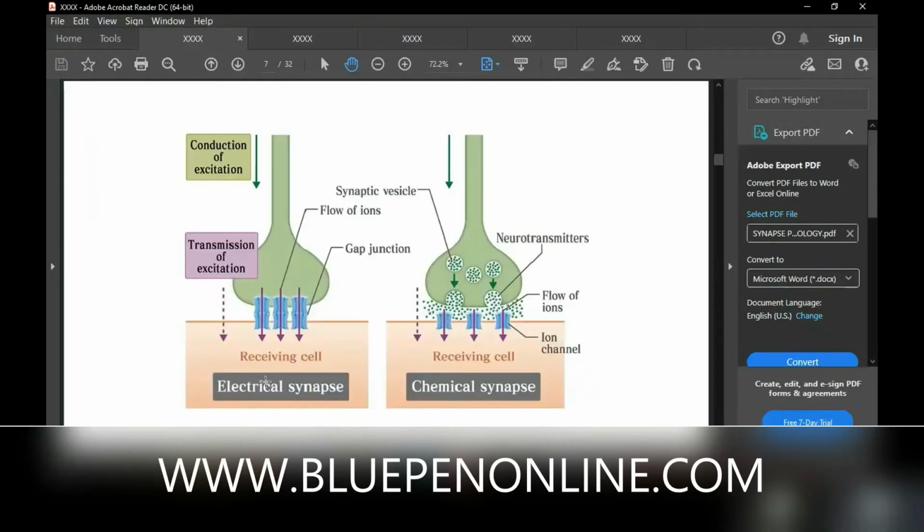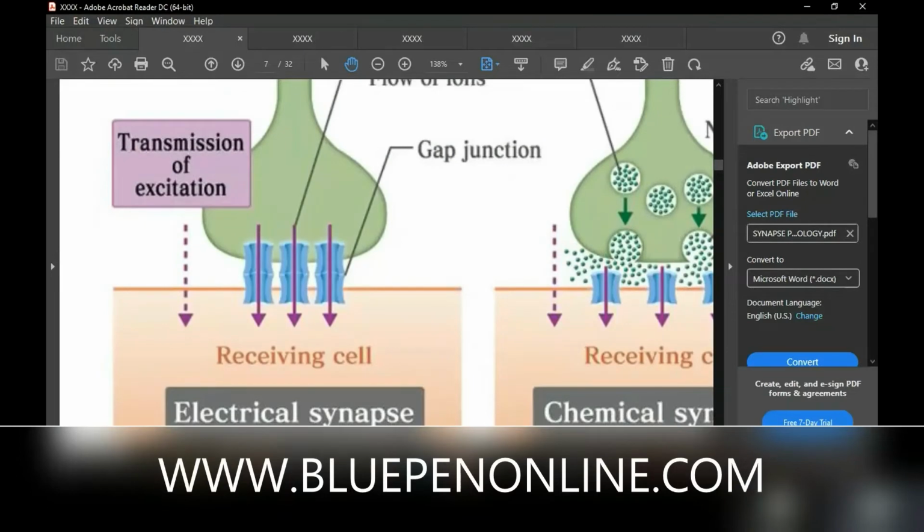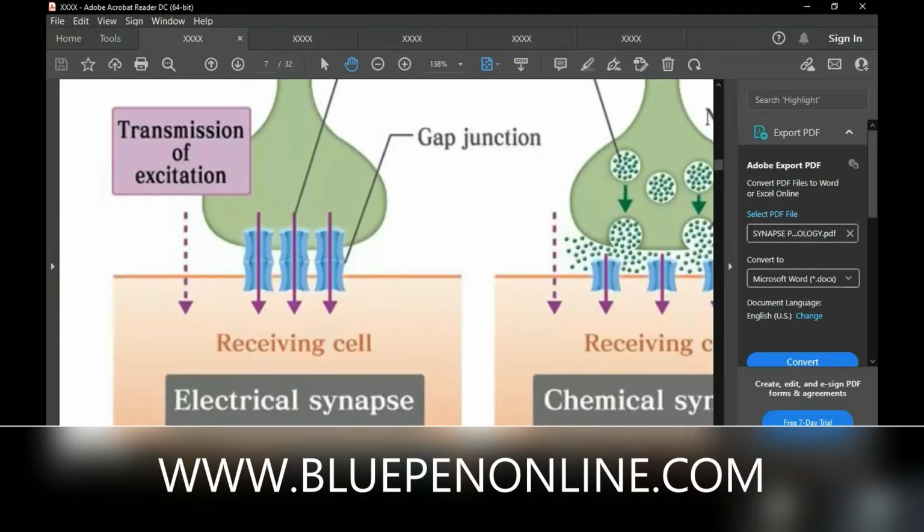Now, in this one you can see the electrical synapse. Yes, we can say intercalated disc also. Here, the presynaptic neuron communicates with the postsynaptic neuron through these cell junctions, so they can communicate easily. The impulse coming through this neuron can easily pass through these gap junctions to the next.